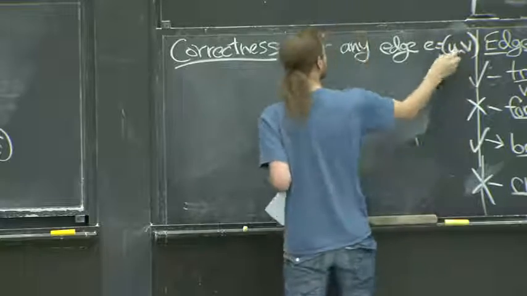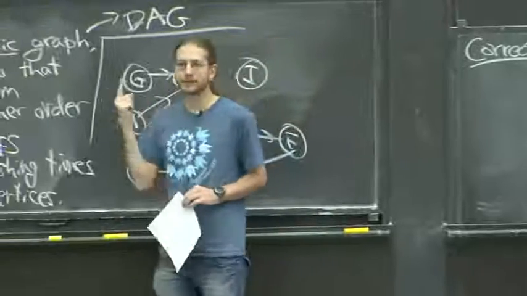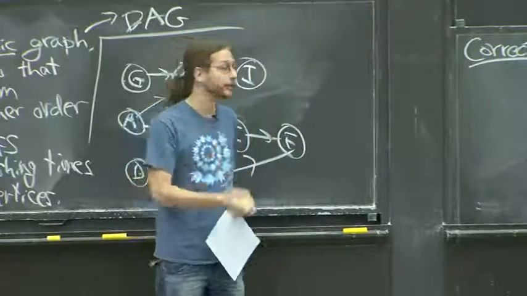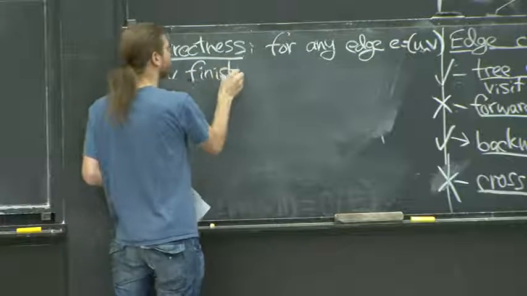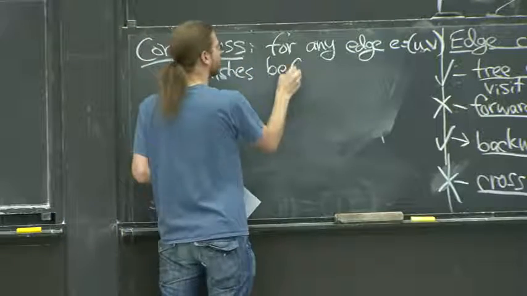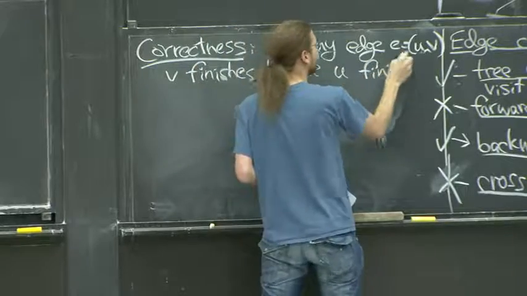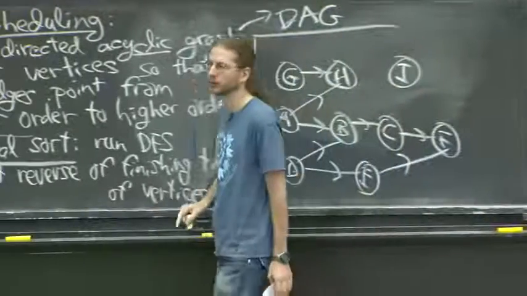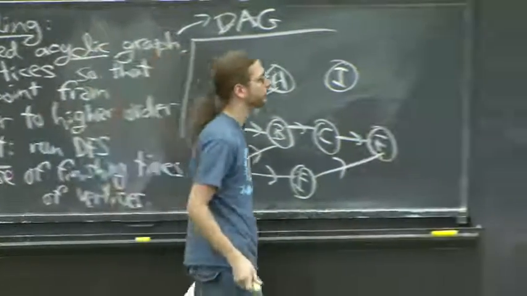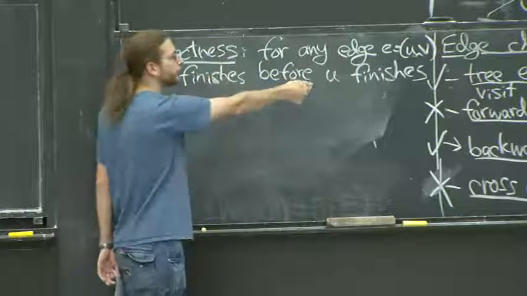So what that means is for an edge uv, we want to show that v finishes before u. That's the reverse, because what we're taking is the reverse of the finishing order. Okay, so edge uv, I want to make sure v finishes first so that u will be ordered first.